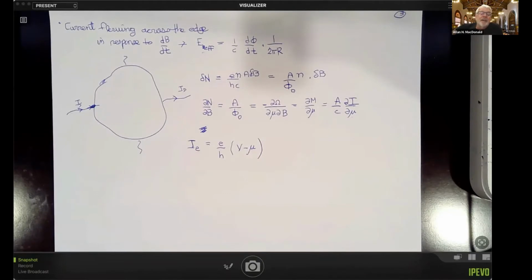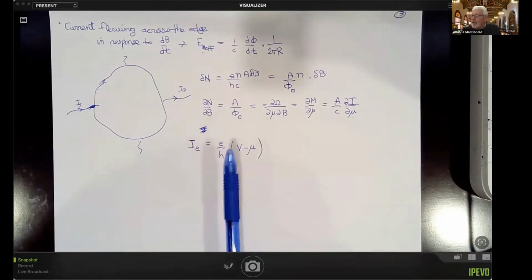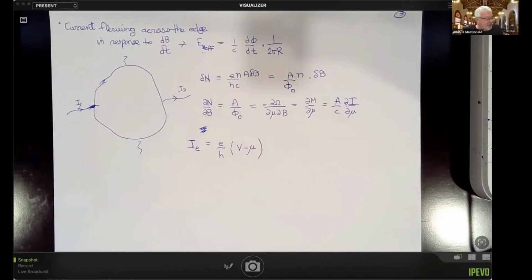And if you change the electric potential in the interior of the system by some constant, and shift the chemical potential by the same constant, nothing depends on the zero of energy. So as usual in transport, this current depends only on the difference.